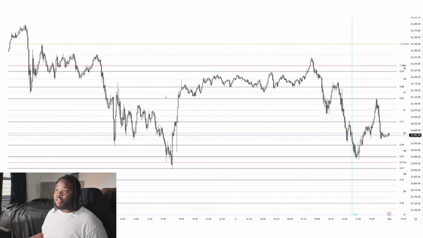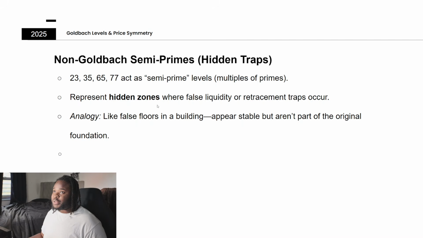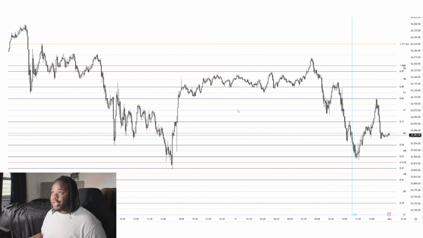and an example of false primes and traps that are occurring are here, right? This range right here. You can see it's generating liquidity on both sides at the 65 partition, right? The breaker partition. As we've seen, 65 acts as a semi-prime, which also is a hidden trap, right?